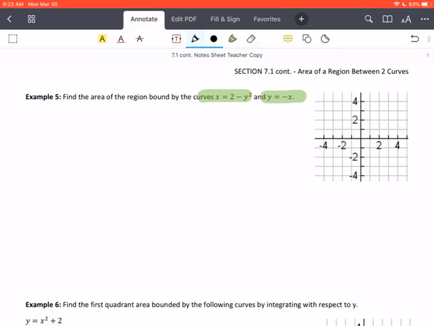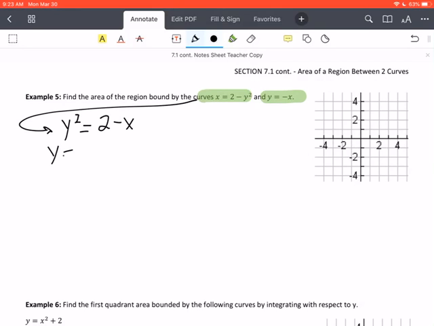Okay, so let's go ahead and graph these. You can always use your graphing calculator, but it might be easier to look at it in terms of y equals. So sometimes you're going to see people go ahead and solve for y anyways. So we have y squared equals 2 minus x.